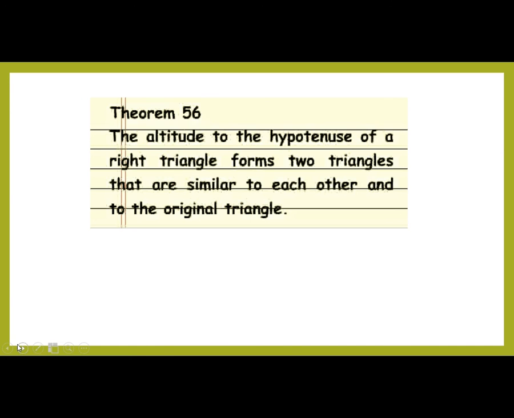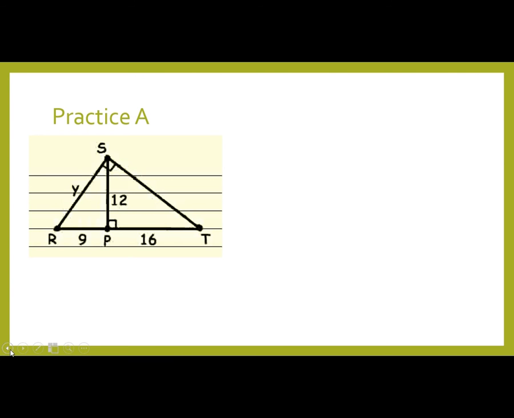There's actually a theorem of that, and it says that the altitude to the hypotenuse of a right triangle forms two triangles that are similar to each other and to the original triangle. So all three of those triangles are similar. And that's it for the first lesson in chapter 11. And now we'll get to the practice problems.